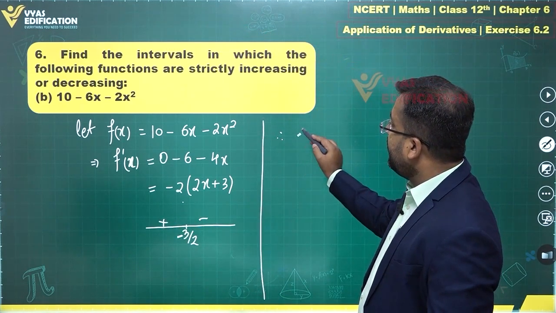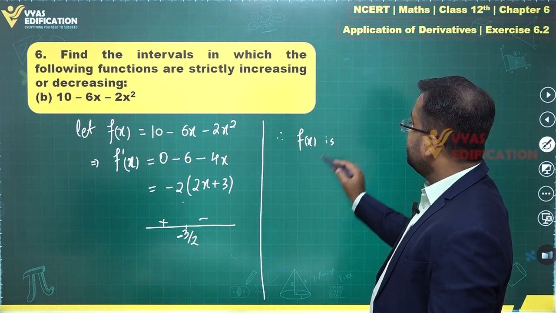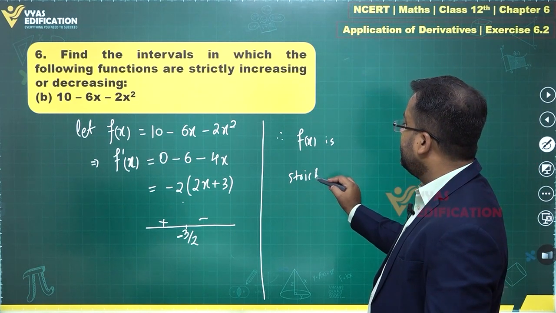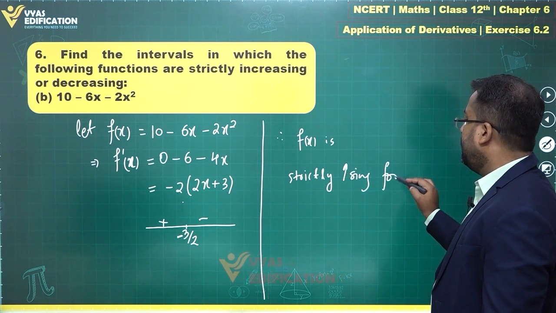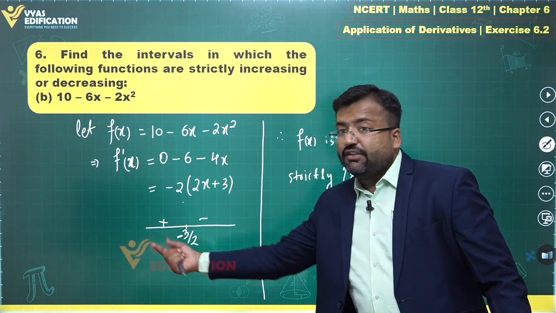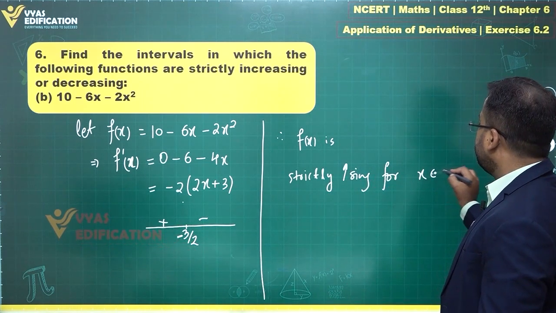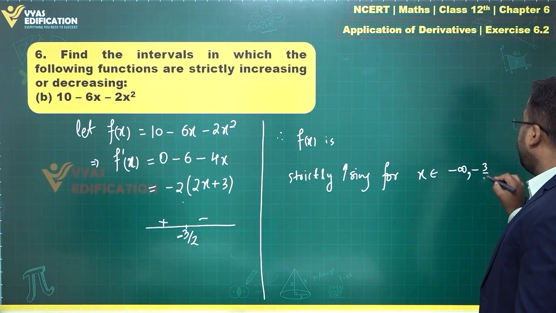Therefore, f(x) is strictly increasing for x belongs to (minus infinity, minus 3 by 2).